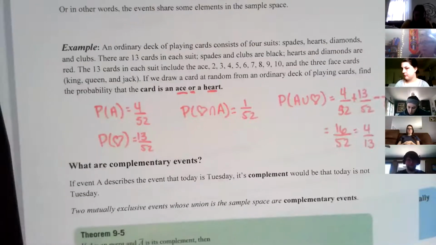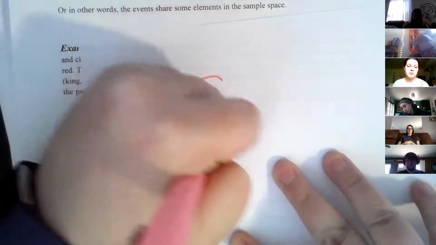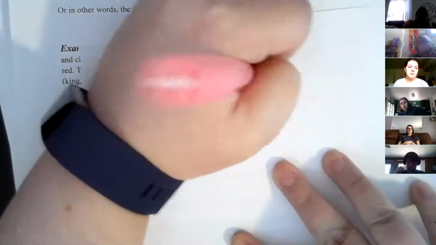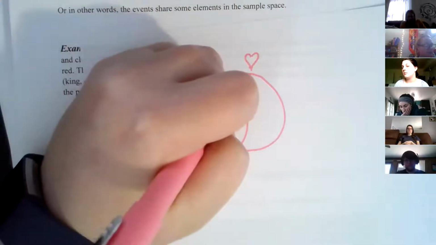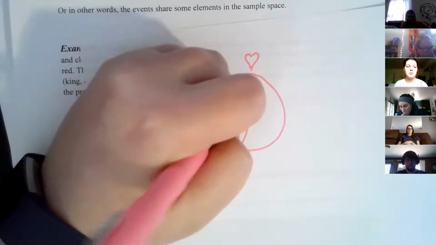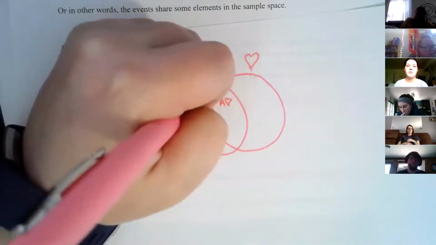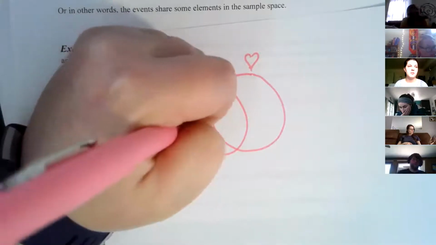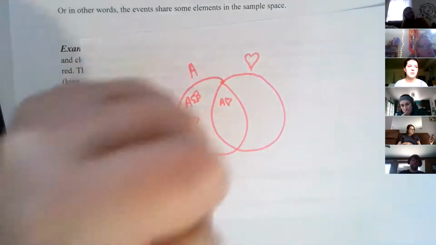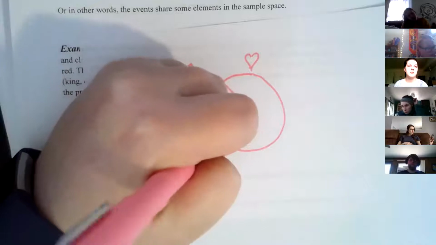So that would mean in my Venn diagram, I have the ace of hearts here. And then I have the ace of clubs, ace of diamonds, and then the ace of spades.